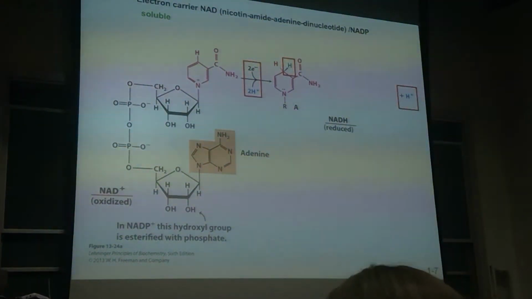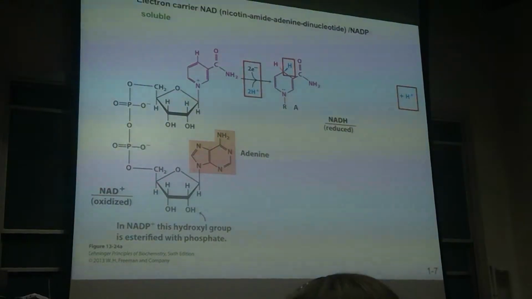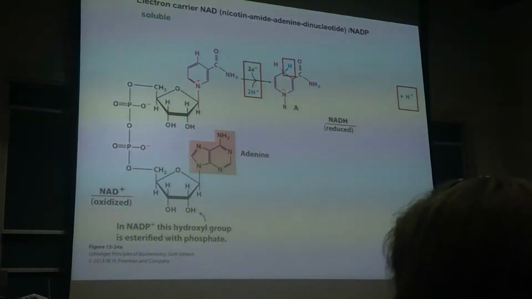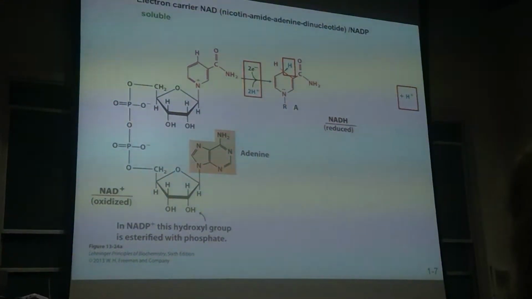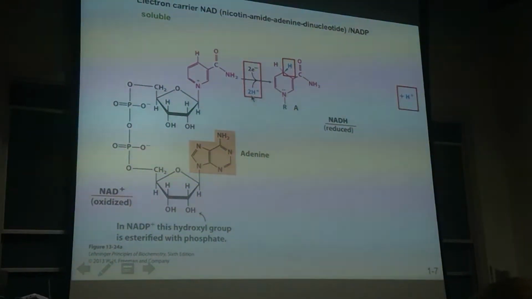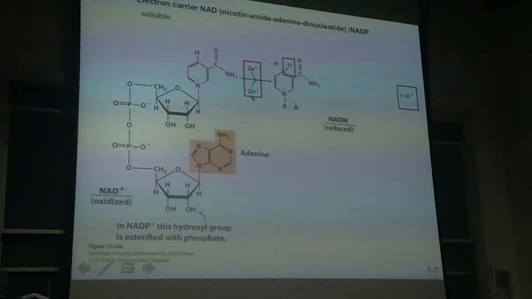For example, in biological reactions you would be adding an H, so I have to use my arrow. If this was a deuterated hydrogen that you could follow, in the A form you would have it here, and in the B form it would be here. Okay? Did that help explain it?